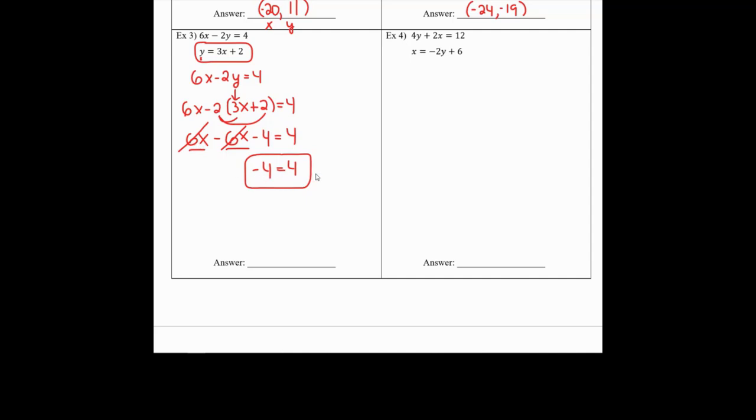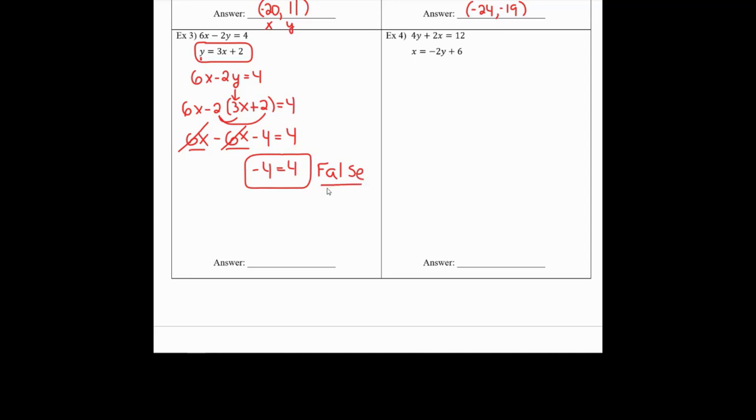And you have to ask, is this true or false? Is it true that negative 4 equals positive 4? Well, a negative number is not equal to a positive number. So this statement is false.